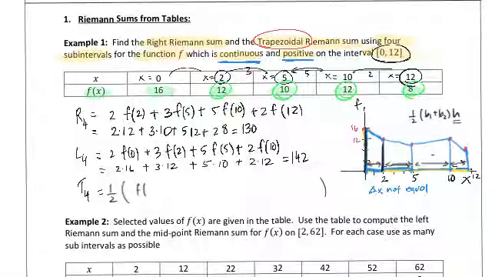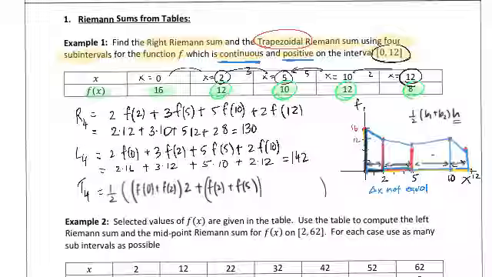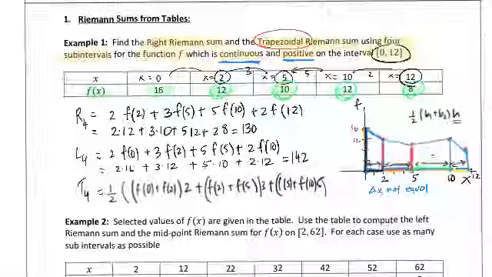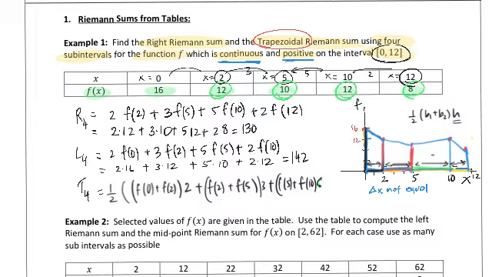So it'll be f of 0 plus f of 2 times the first trapezoid height, which is 2, plus f of 2 plus f of 5, the sum of the next two bases, times the second height, which is 3, plus f of 5 plus f of 10 times the third trapezoid height, which is 5, and then the last one is going to be f of 10 plus f of 12, and the last trapezoid has a height of 2.